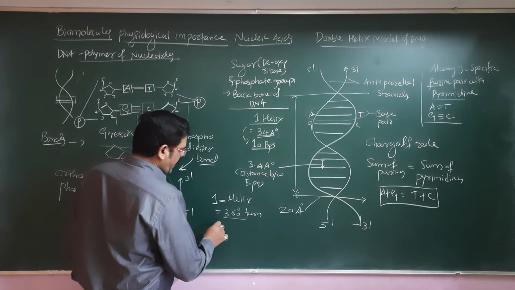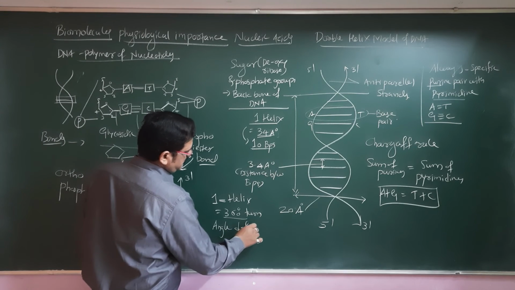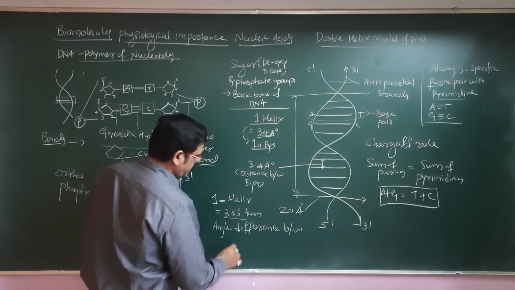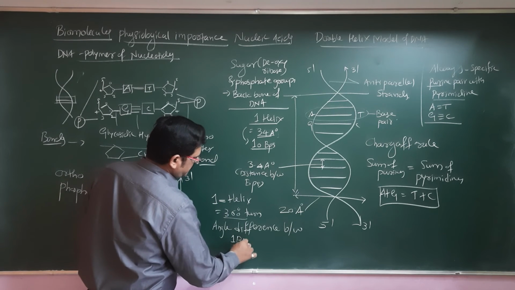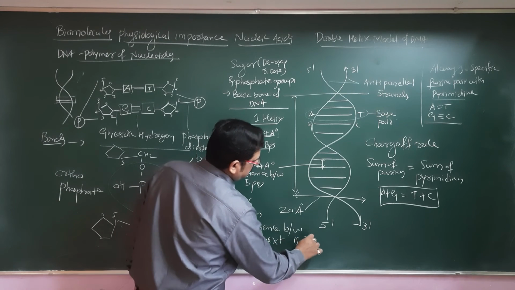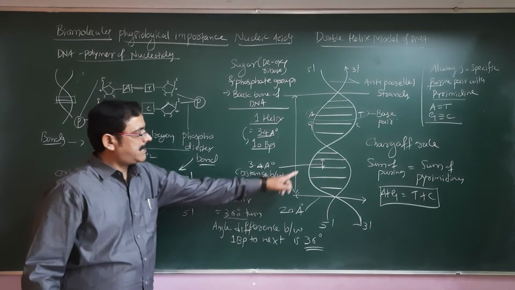So the angle difference between one base pair to the next is 36 degrees only. How? Because there are 10.